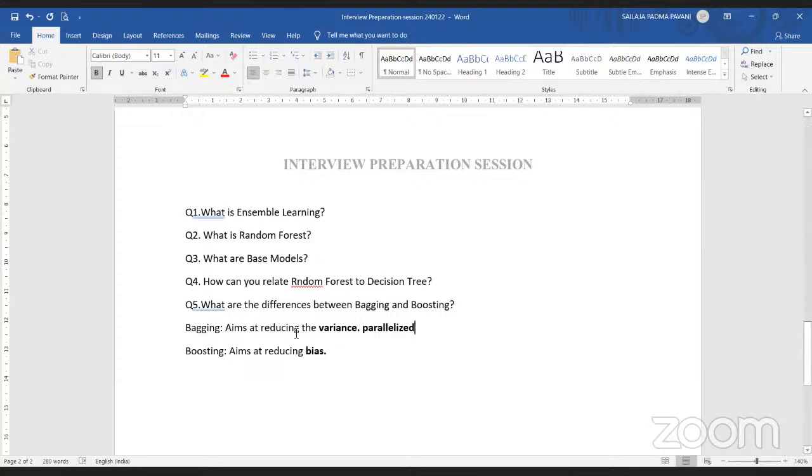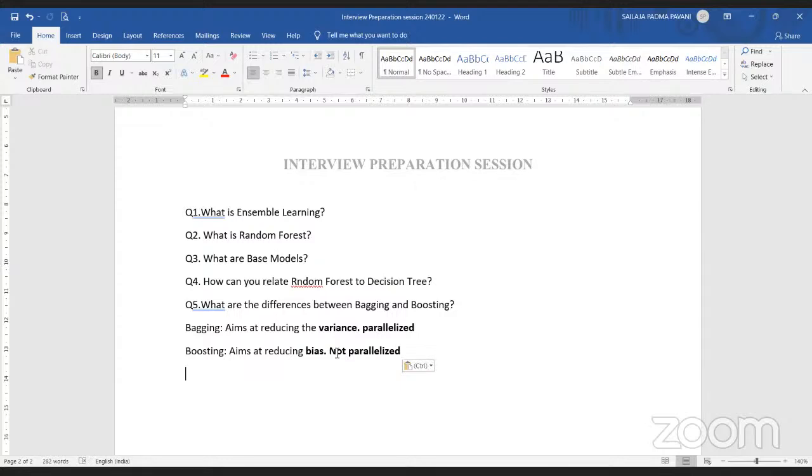And boosting, if you see, it cannot be parallelized. You cannot parallelize the boosting.